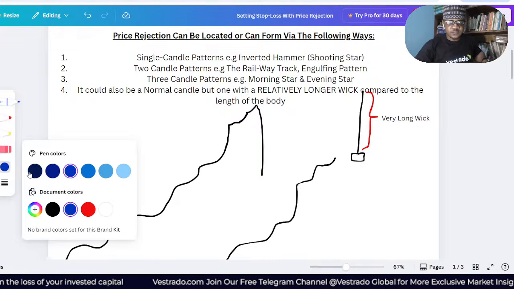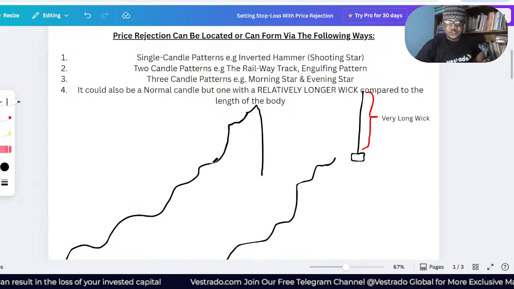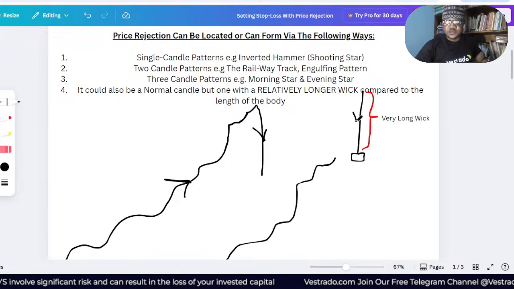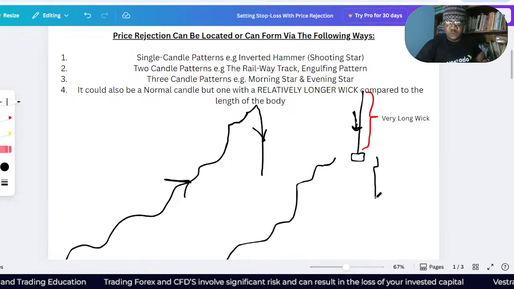Initially, price was going up and then touched this level and dropped right around here, right? Same thing. So the confirmation in this case will be perhaps a bearish candle that forms after the one candle pattern here, the single candle pattern.